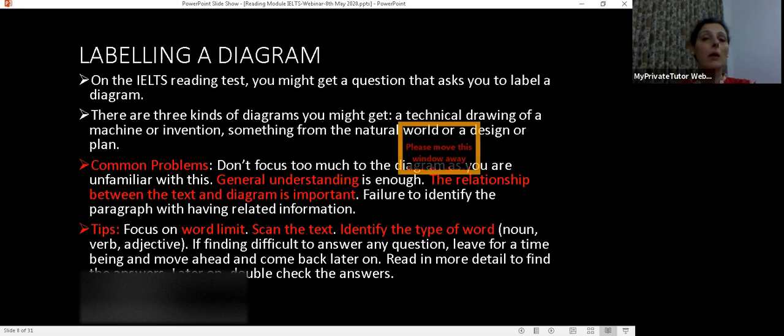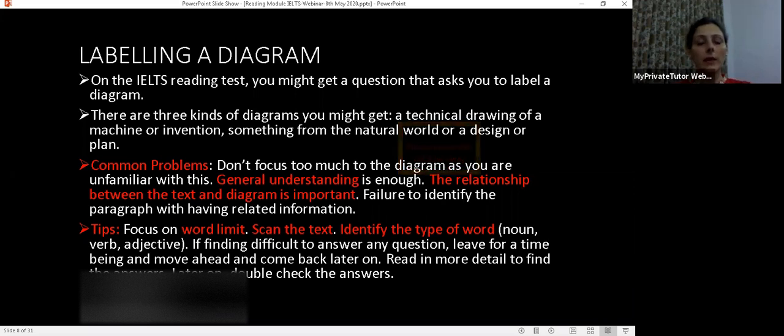The common problem seen is that students focus too much on the diagram. They're not supposed to focus too much on the diagram. Just have a glimpse of the diagram and get an idea. If you're not familiar with it, don't worry.